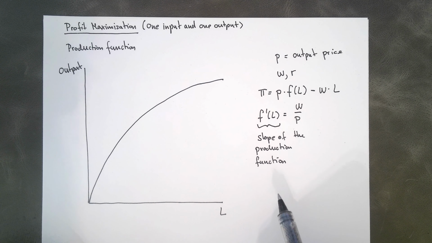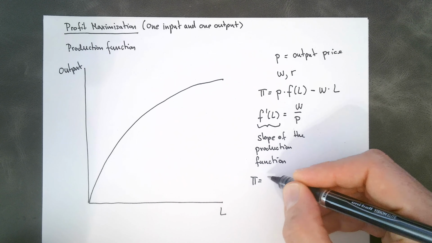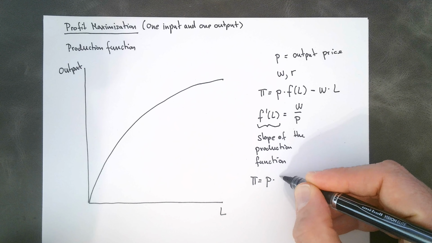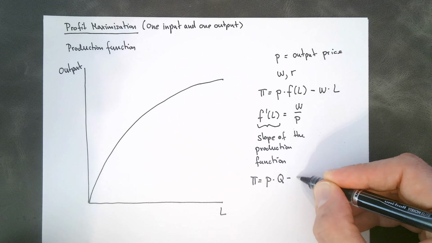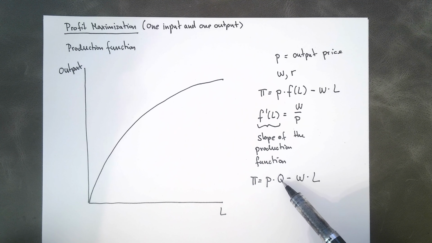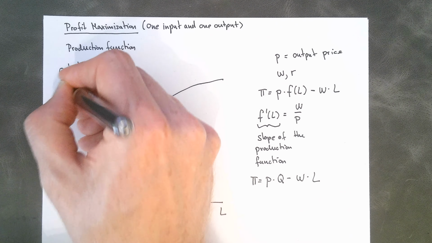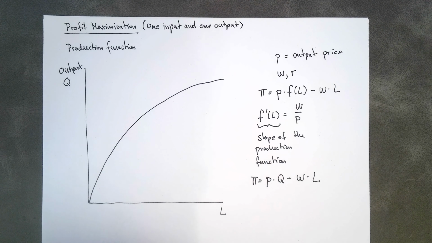Note that we can slightly rewrite this profit equation, where pi is equal to P times Q minus W times L. Here I have simply replaced the output with Q. Then we can solve this for Q, because remember that Q is also on the vertical axis.